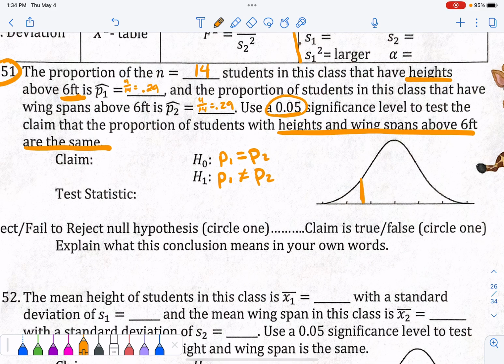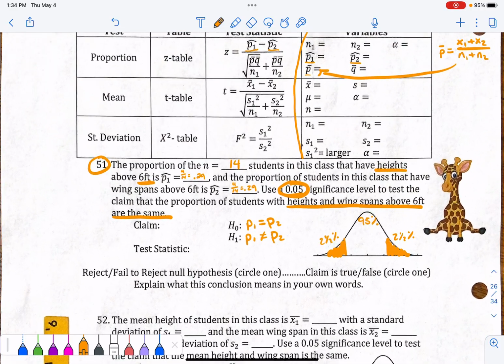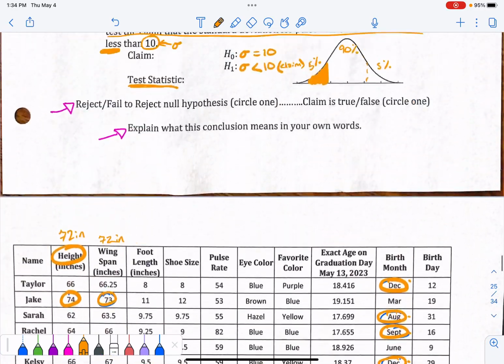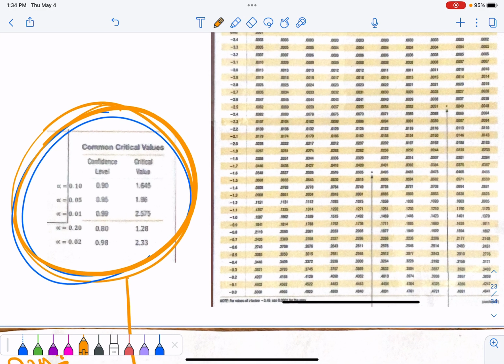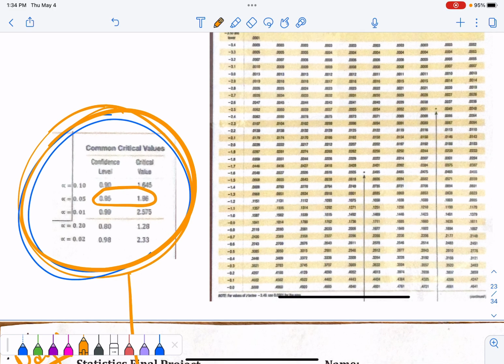And when it's not equal to, we're going to have 2 tails. Okay, when we have 2 tails and we have a significance level of 5%, that means we have to split it and put 2.5% here and 2.5% here, which means we have 95% in the middle, all right? And if we have 95%, and I go to my chart right here that I'm going to use for proportion, 95% is 1.96 is what I'm going to label my bell curve, okay?